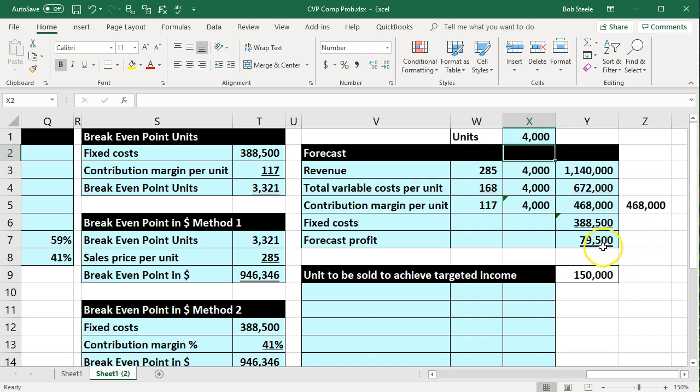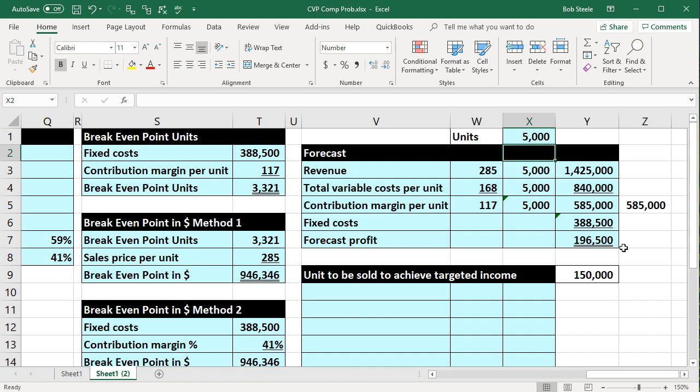Then the forecasted profit would be 79,500. What would happen if we sold 5,000? Then we could say, well, the forecasted profit would be 196,500. This is the type of forecasting we want to be able to do. This is the type of forecasting that is allowed through breaking out the costs by behavior, variable and fixed costs.